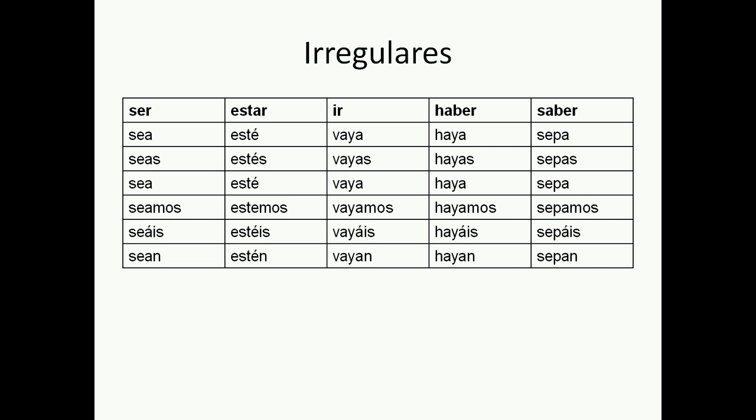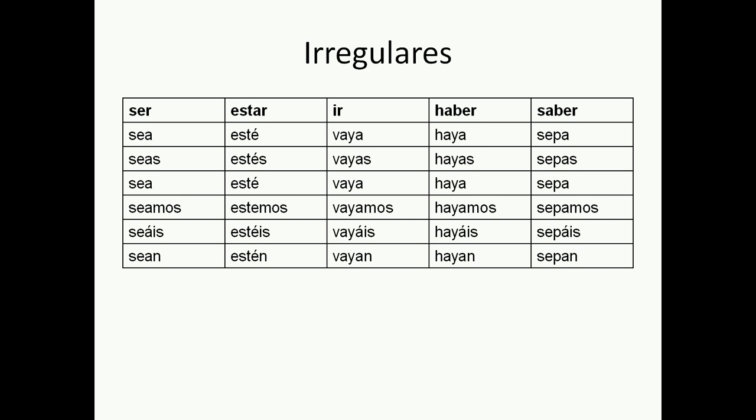So it is sea and not sa. We have sea, seas, sea, seamos, seáis, sean.